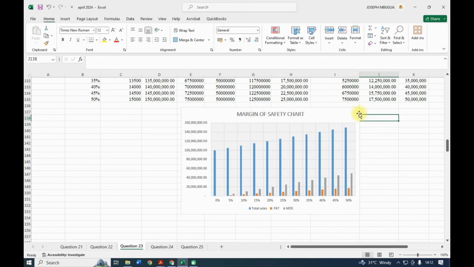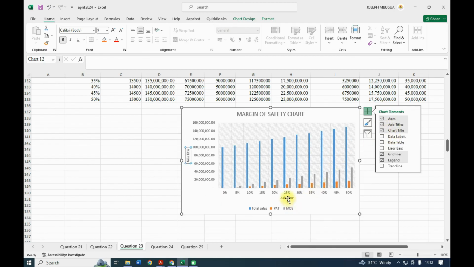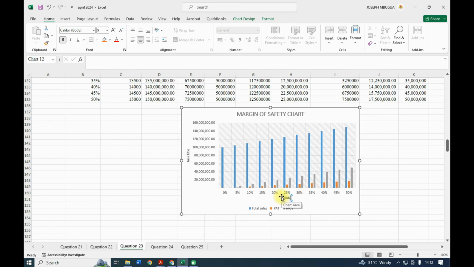And I can show what else. You can show my axis title. Here is the range, our range, and here are our values. So total revenue, profit after tax, and margin of safety.